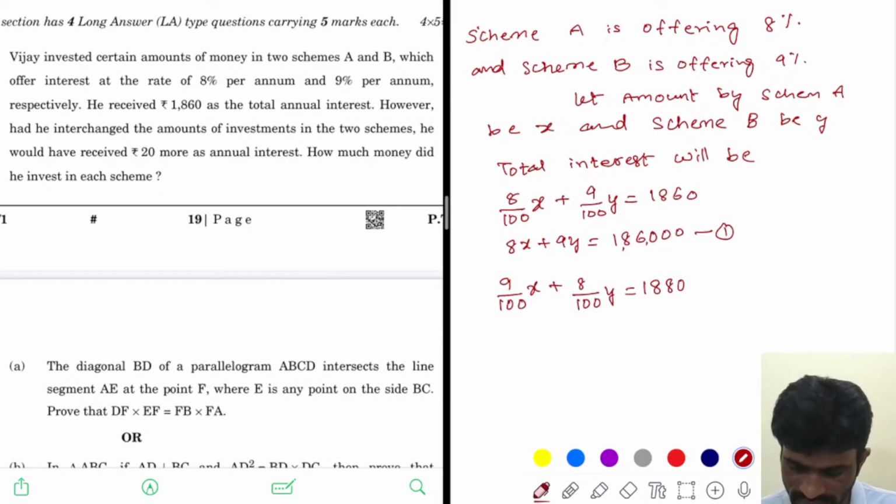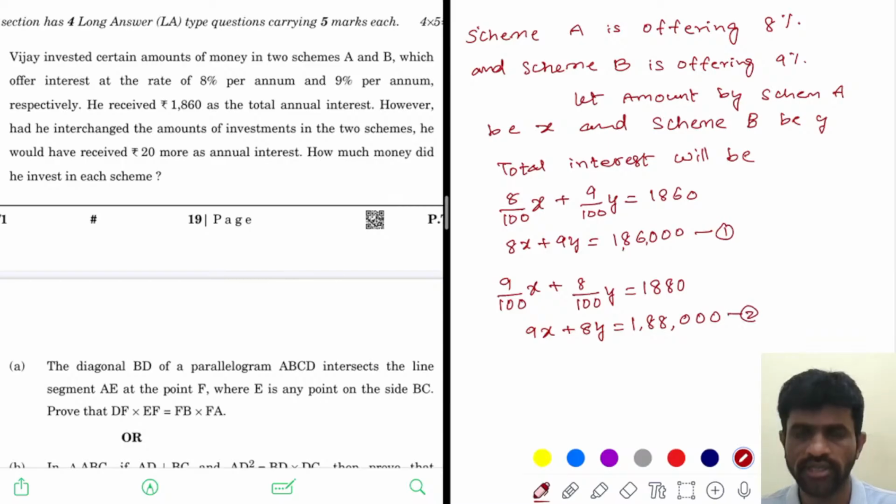Now if we clear the hundreds, 9x plus 8y is equal to 1 lakh 88,000. This is the second equation.